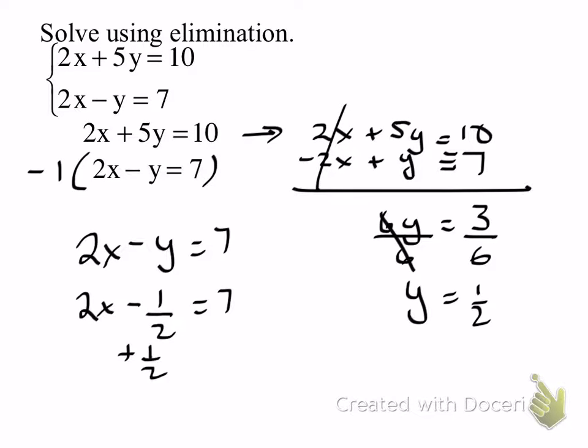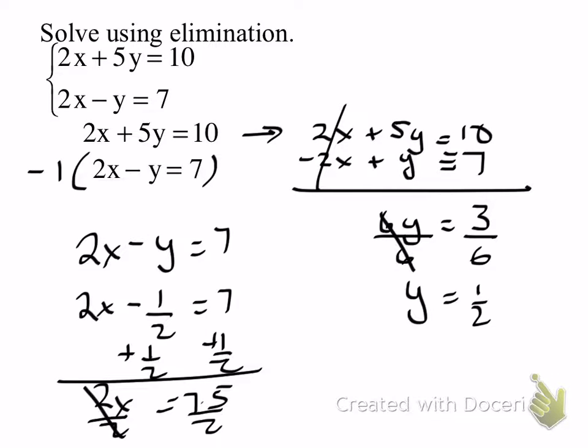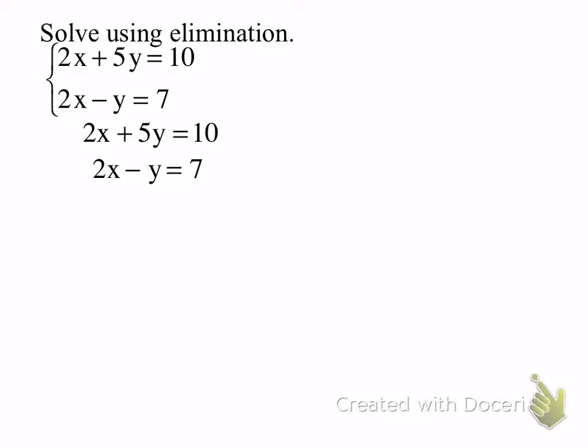Add 1/2. You guys get it? And we get 2x equals 7.5. Divide by 2. x equals 3.75. And so then it would be 3 and 75/100, comma, 0.5. Right? So both methods work.